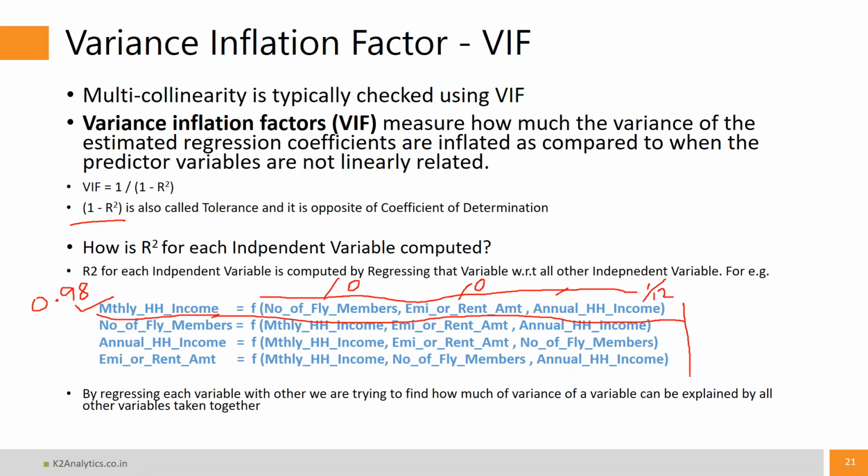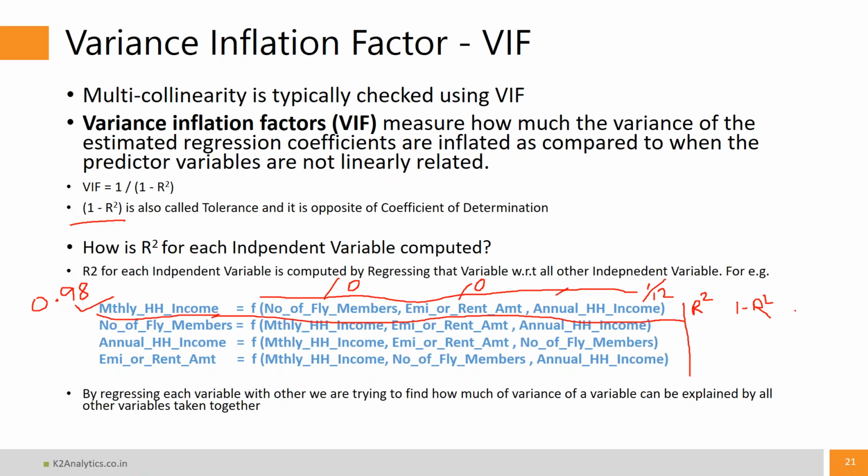Here we will not use the term R squared, because end of day R square will be computed, but to avoid confusion with the model R squared, there is a new term which is called VIF. This model will have an R squared, which is how much of income could be explained as a function of these variables. 1 minus R squared is called tolerance, and inverse of that is called VIF.